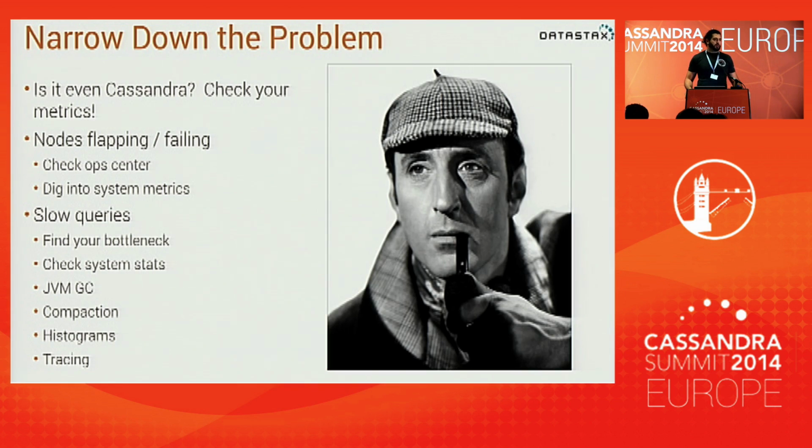OpsCenter can answer a lot of these questions, but if it can't, you should have all this other logging, metrics and aggregations in place. Do you have slow queries? Is it the JVM? Use your query tracing. Again, use your logging. Figure out if you're misusing Cassandra, trying to use it as a queue, or if you have compactions. Get to the bottom of this, figure out what resource you're constrained on, make sure that doesn't happen again, and set up the logging so that you know if this is an issue in the future.